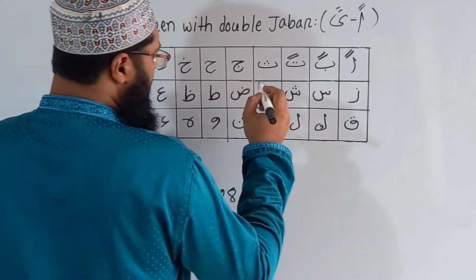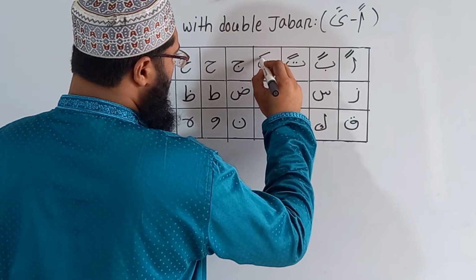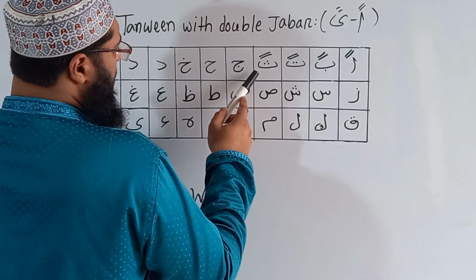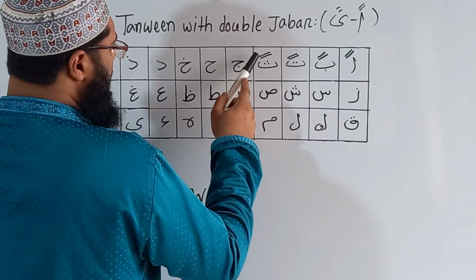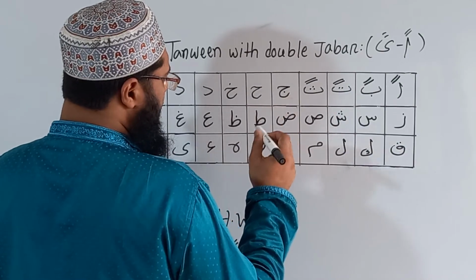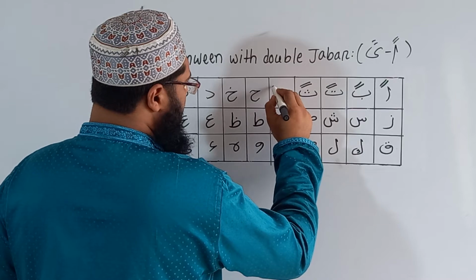Then after giving dui Jabar over the Sa, you have to pronounce this one Sa dui Jabar san, very softly. Now you know that this one is Jim.